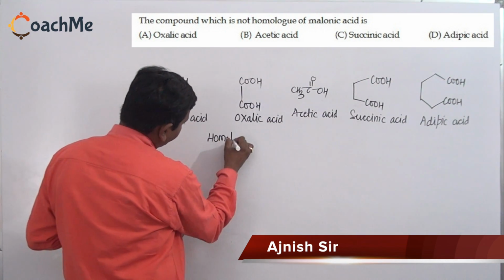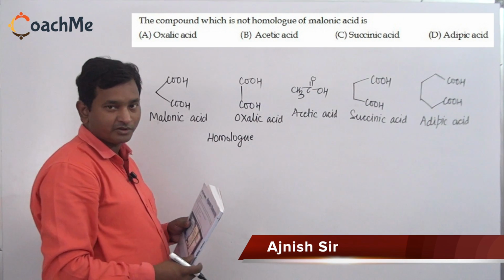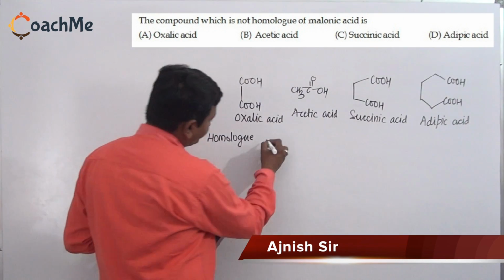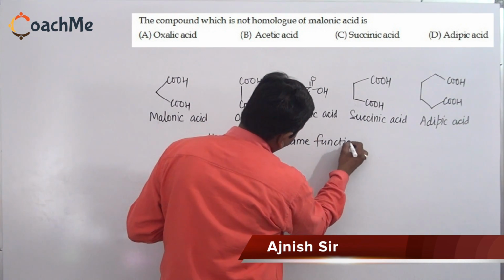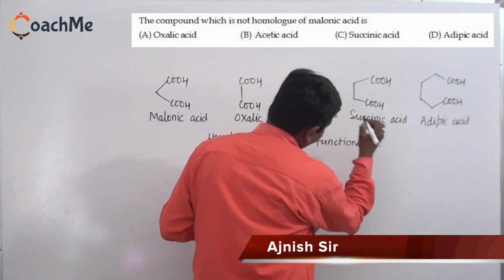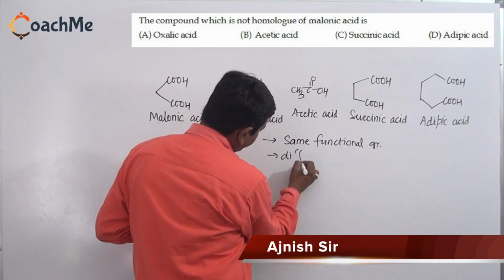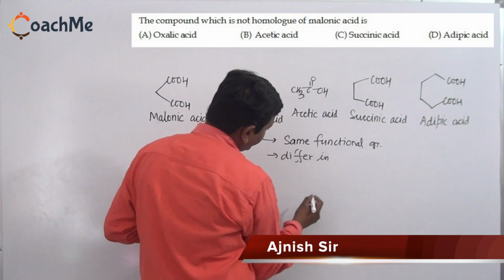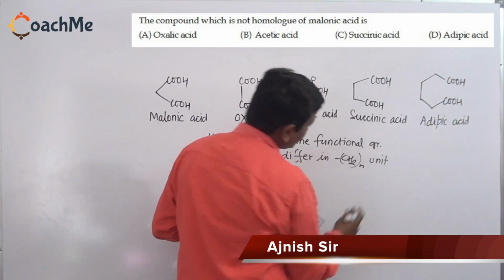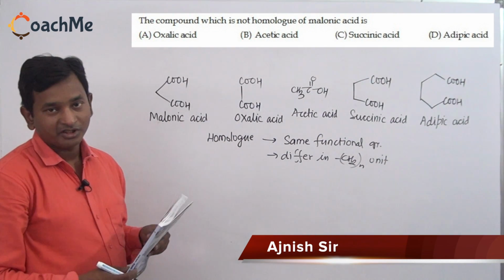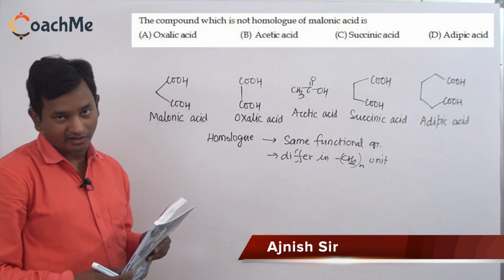Homologues are those compounds which have the same functional group, but differ in a CH2 n unit. Those compounds which have the same functional group but differ by CH2 n units are called homologues.